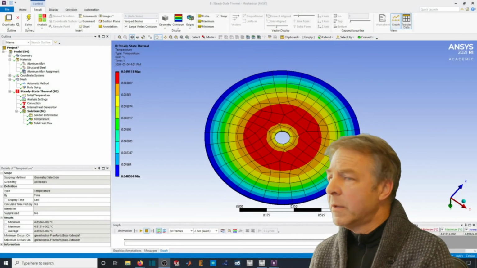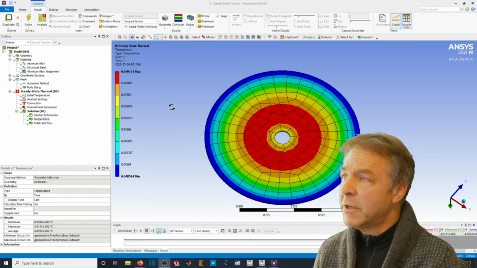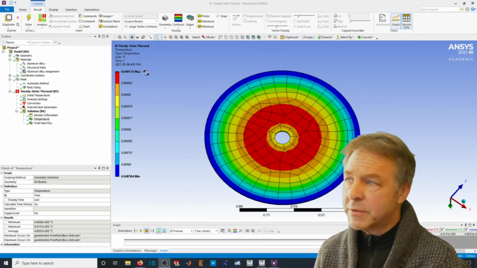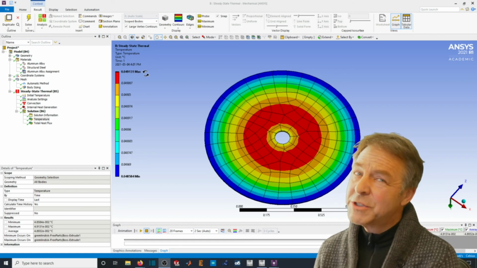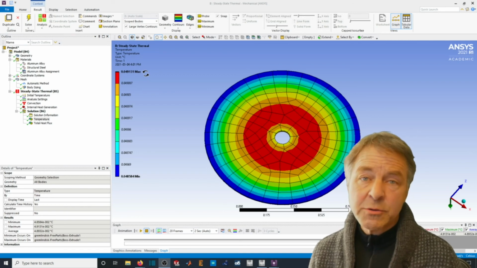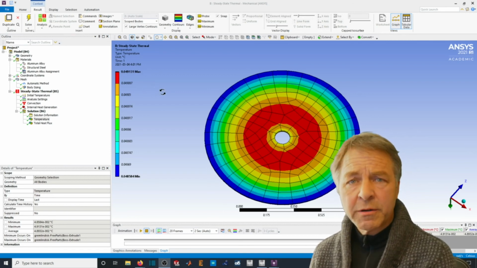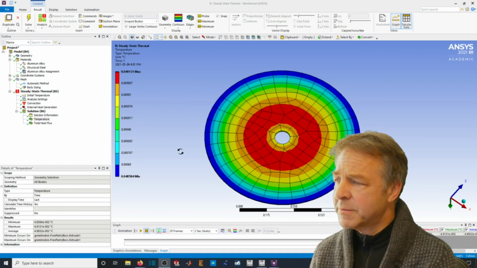So here's the steady state results that I showed in one of the previous videos. And you can see that in this steady state solution, my maximum temperature difference was 0.049, which is less than the simple calculation, but that's okay because it was simple, but absolutely in the right ballpark. So that gives me some confidence.